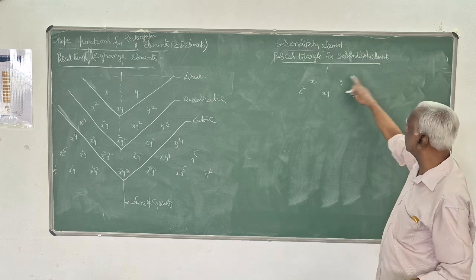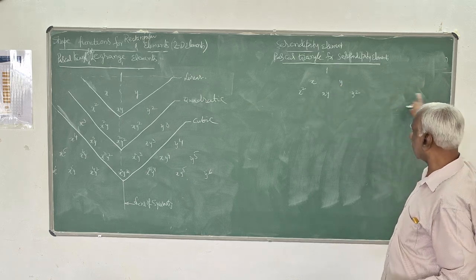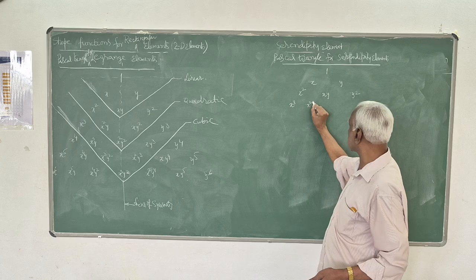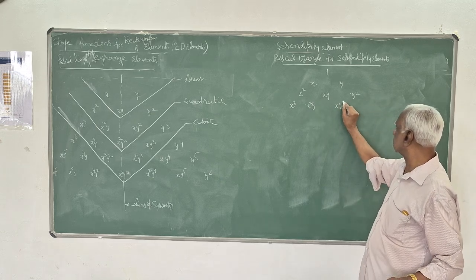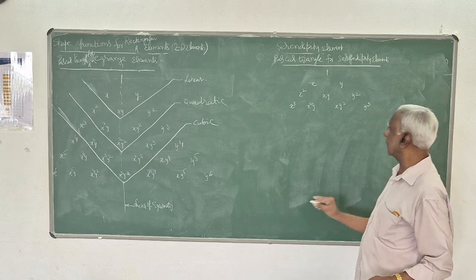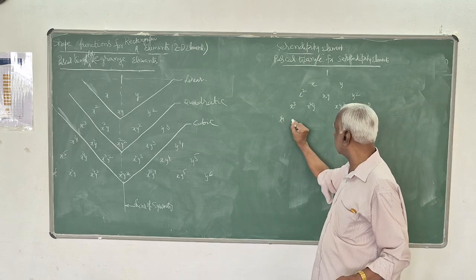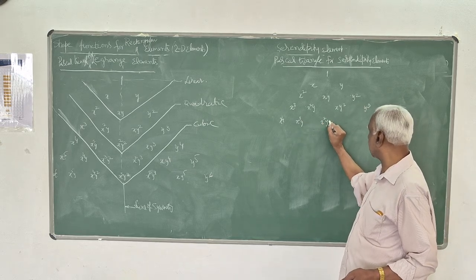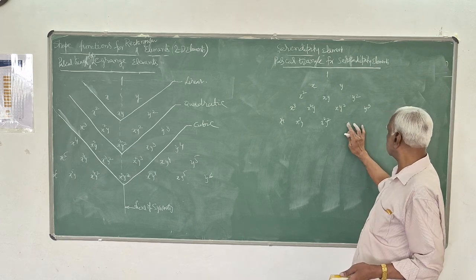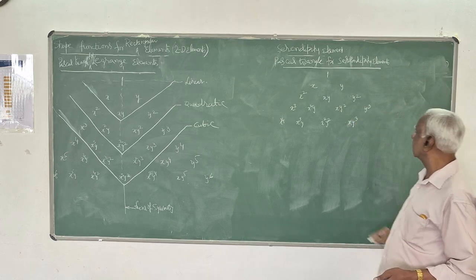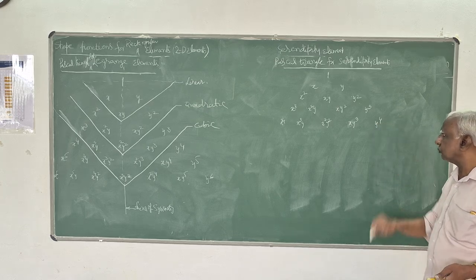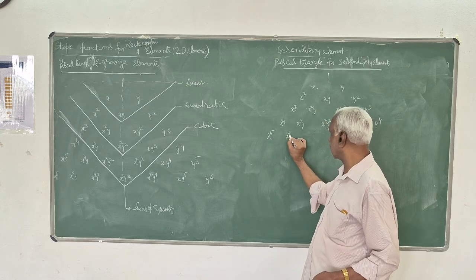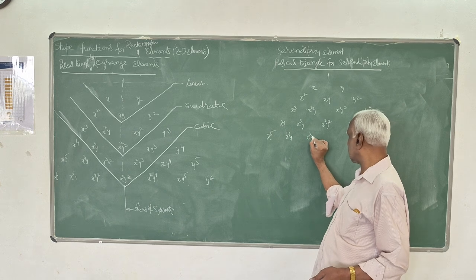This is the constant, linear equation, then quadratic equation, then you have cubic equation, x cube, x square y, x y square, y cube. Then you have fourth degree, x4, x cube y, then x square y square, then x y cube, then y to the power of 4. Then fifth degree, x to the power of 5, then x4y, then x square y cube.